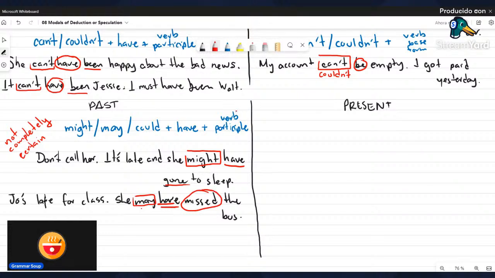And how can I make speculations now in the present form? How can I make them? So, for example, I can say, let me think about it. Okay, for example, he looks sick. He looks sick.